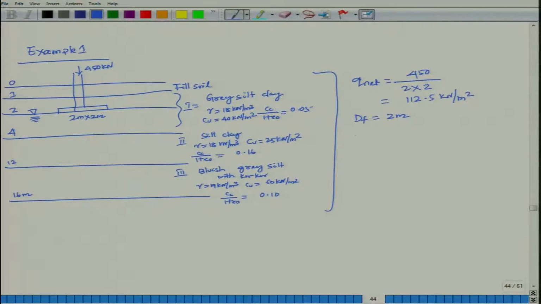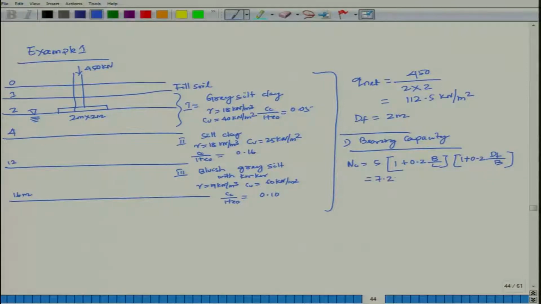So, first is your bearing capacity, you have to find out Nc. Nc is equal to 5 into 1 plus 0.2 B by L into 1 plus 0.2 Df by B. These things I have discussed with you earlier. So, it comes out to be 7.2.